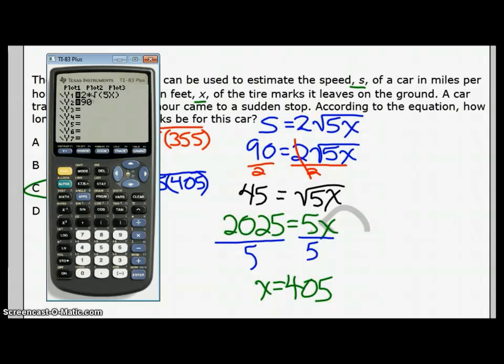So we're graphing two different things. Now notice you can't tell yet where the intersection is of these two lines.